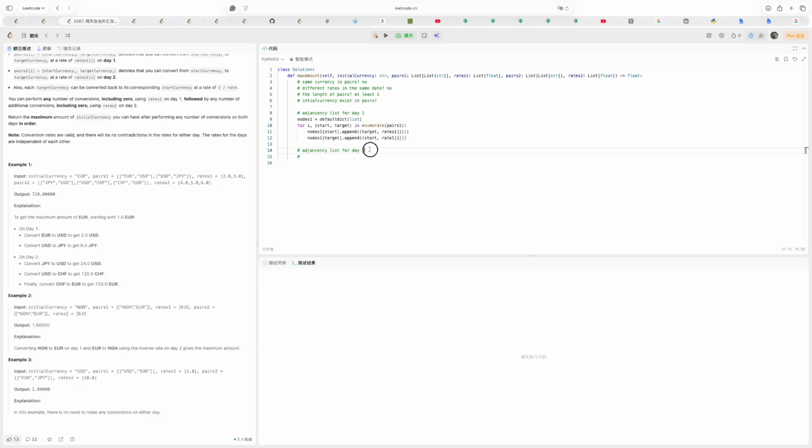And we'll have the same thing but for day 2. So this is rates 1; we'll have pairs 2, rates 2. Okay.